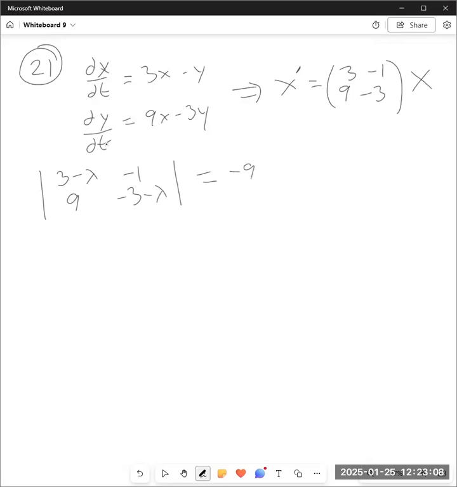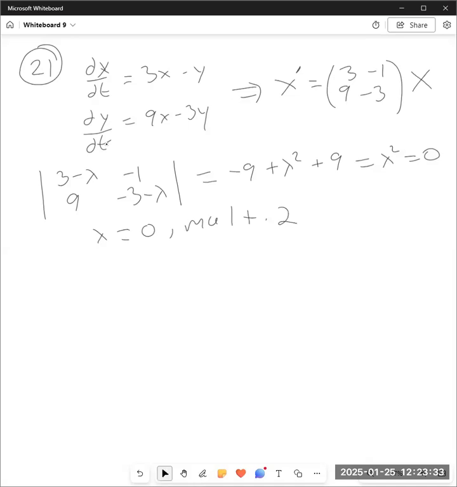So this is -9 minus 3 lambda plus 3 lambda is 0. Then that's plus lambda squared, and then minus a -9 is plus 9. So that equals lambda squared, which equals 0. So we just have one lambda. We don't need to call it lambda 1. Lambda is equal to 0 with a multiplicity of 2.